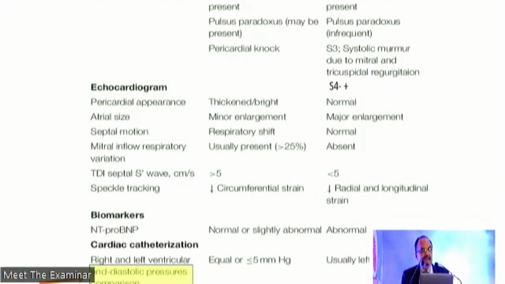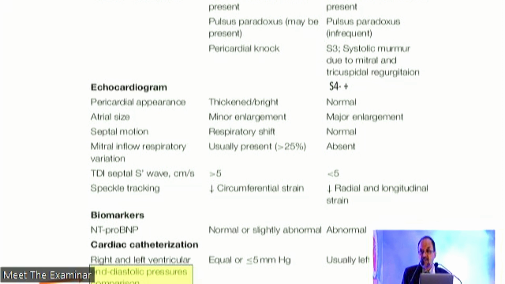As far as cardiac catheterization is concerned, we all know that there is equalization of diastolic pressures in all the four chambers. My examiners were very fond of asking which phase of diastole. So I highlighted this. It is the end diastolic pressures.